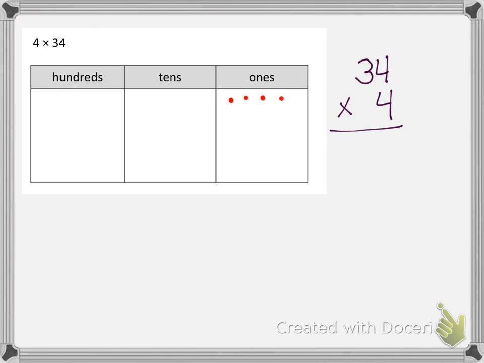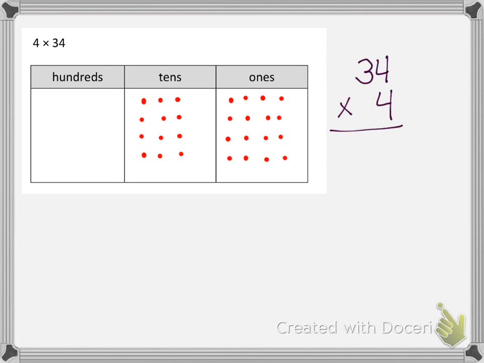And how many 10s do we have? We have 3 10s. Well, because it says multiply by 4, that means we need 4 groups of this. So, here we go. Here's a group. Here's a group. And our last group.